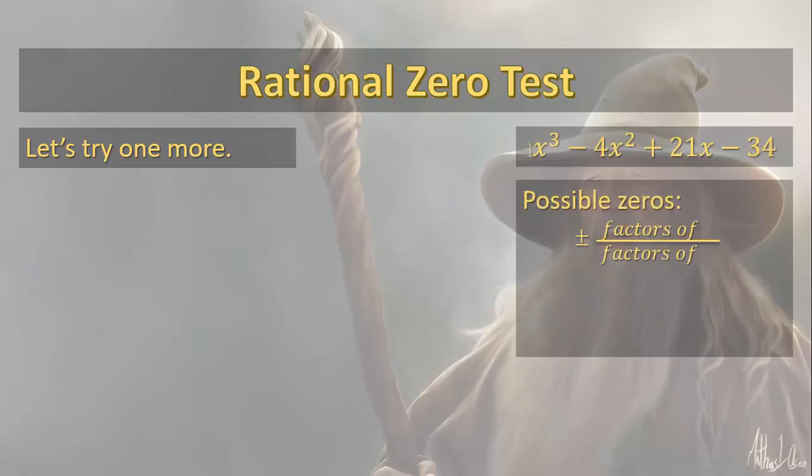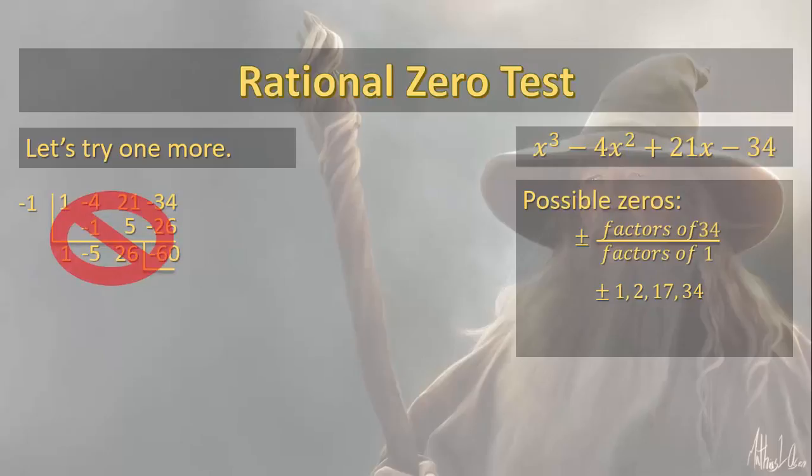Okay, our possible zeros are going to be the factors of 34 over the factors of 1, which gives us 1, 2, 17, 34. I'm going to start with the easy ones, -1. What does it get me? All right, let's try +1.